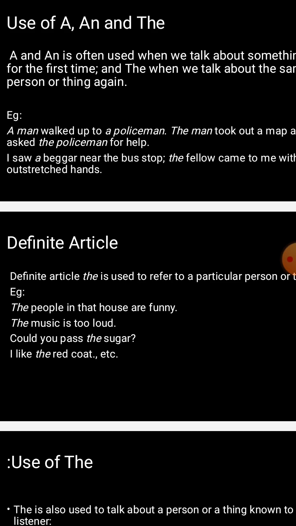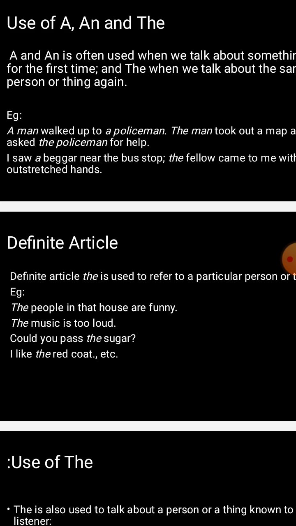Why the sugar now? Because you are asking for a particular thing. Maybe you're sitting at a table and there is a pot of sugar there, a small pot of salt and so on. So you want something particular, and that is why you ask, could you pass the sugar, please?